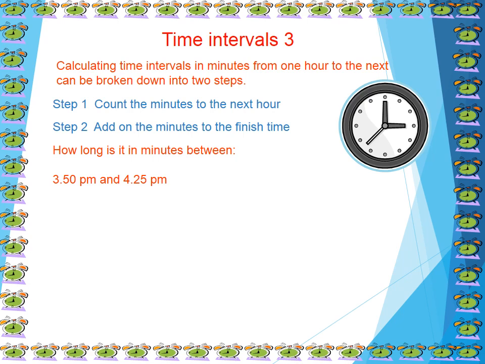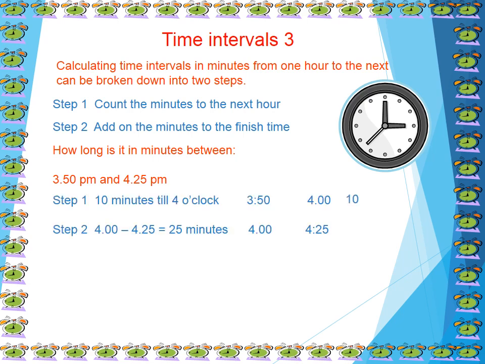We have 3 and 4, not the same hours. We want to find how long the time is between them. First step, what do we have to do? Yes, we have to calculate the time from 3:50 till 4. From 3:50 to 4 o'clock, we have 10 minutes, right?